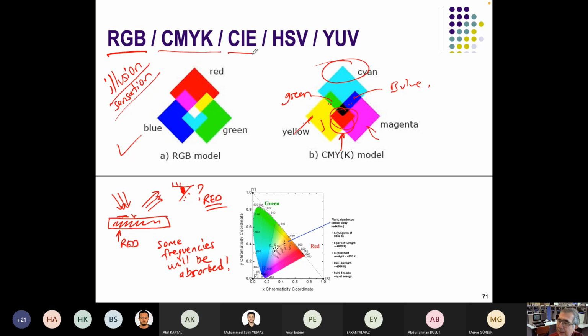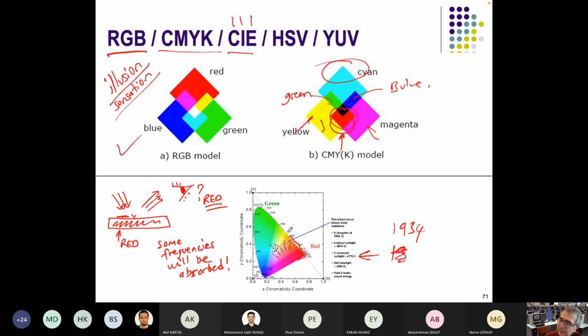CIE is an acronym for Commission Internationale de l'Éclairage in French. This standard was made in 1934. So they standardized the colors, and obviously this is based on human perception tests.